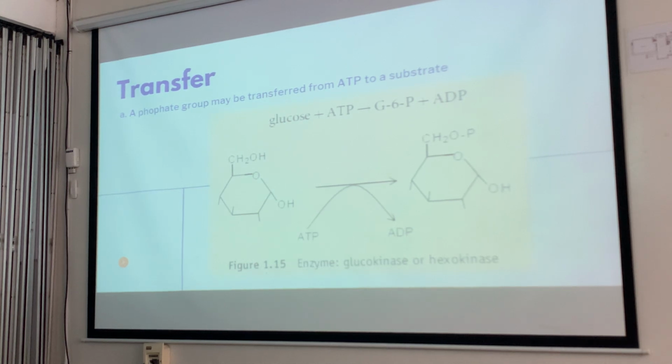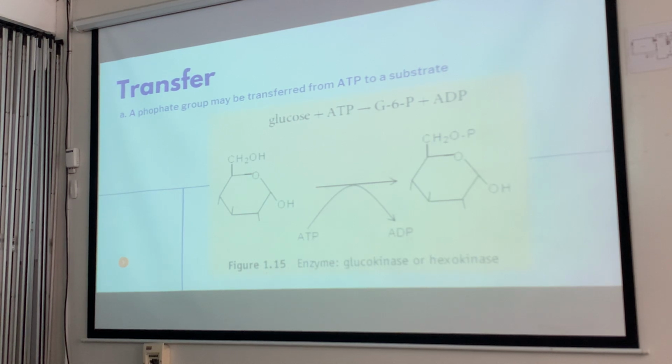Usually this happens with your ATP. A phosphate group may be transferred from ATP to another substrate. Here is the example, glucokinase or hexokinase.